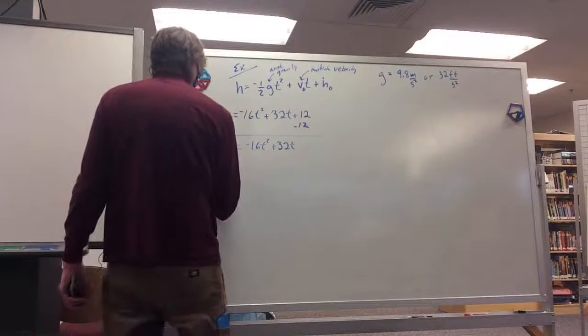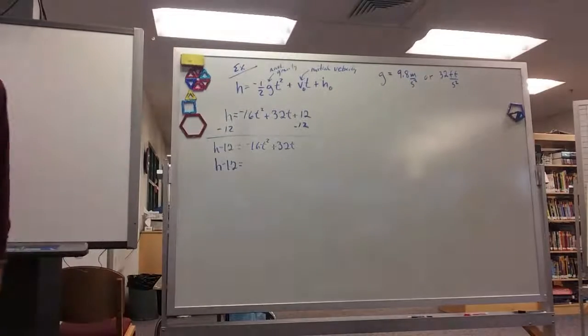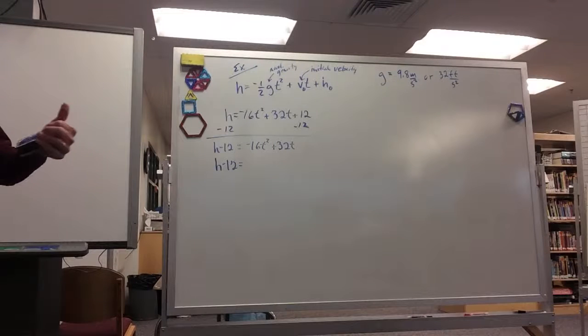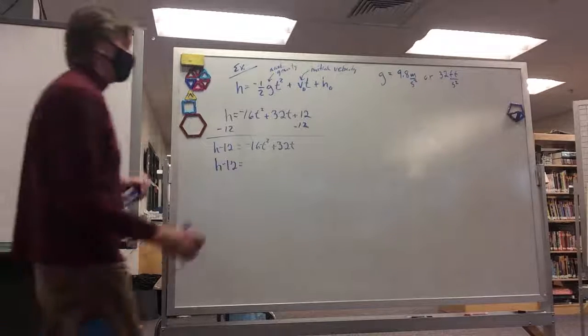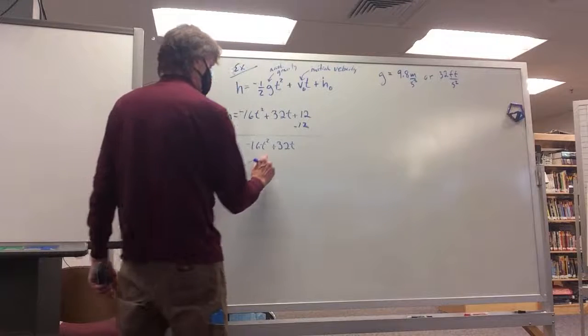And the way we can change it is by factoring out a common factor from the 16t squared and the 32t. So what could we factor out of this? 8. 8 works. Can we go bigger? Can't we go 16? You can go 16. And what's really sweet is if you take a negative 16.